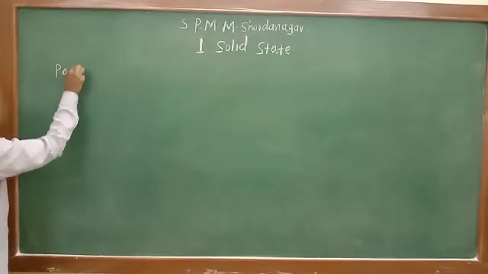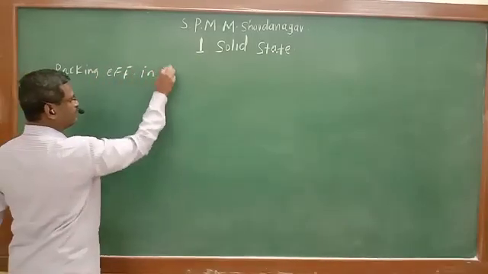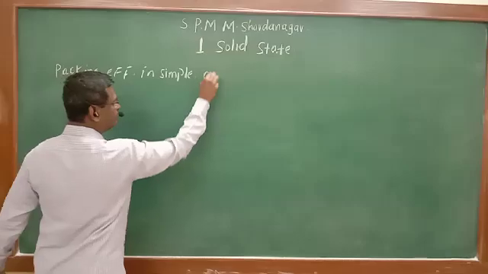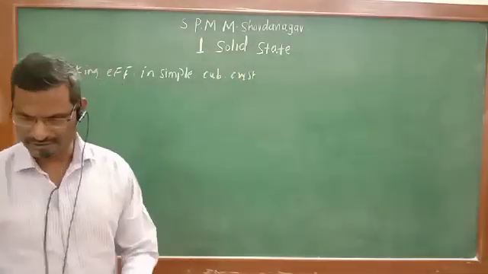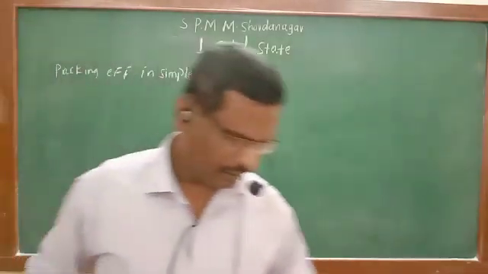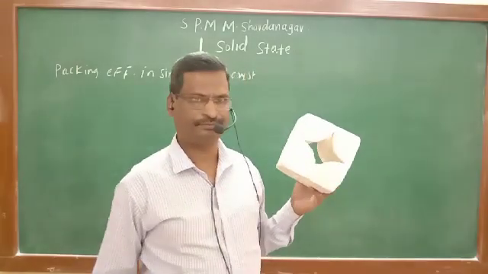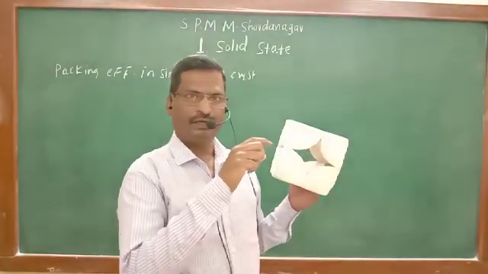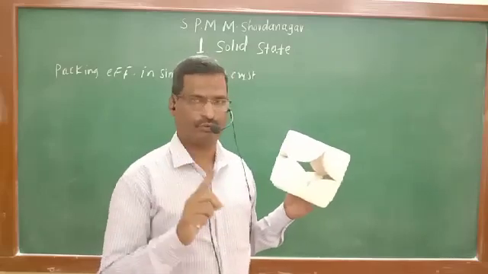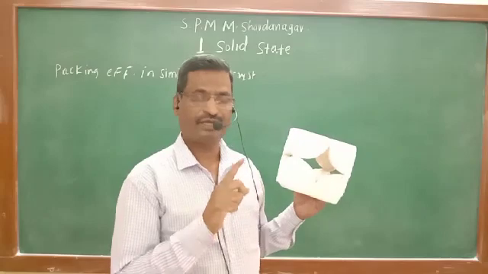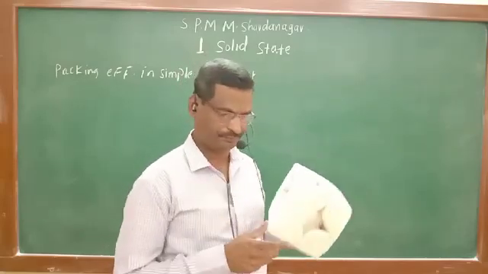First equation I am telling, packing efficiency of metals in the simple cubic crystal. Let us consider this is a simple cubic crystal. So how many edges, how many corners, how many faces are there? We know 8 corners are there, 6 faces are there, 12 edges are there.